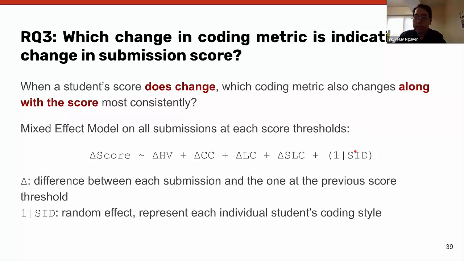This factor can be considered as a representation of each individual student's coding style. For example, one student may put multiple function calls in one line, while another student may have a separate output for each function call. So these different styles would lead to different baseline values of the metrics, which the random effect can account for.